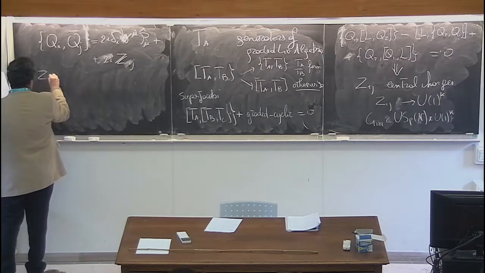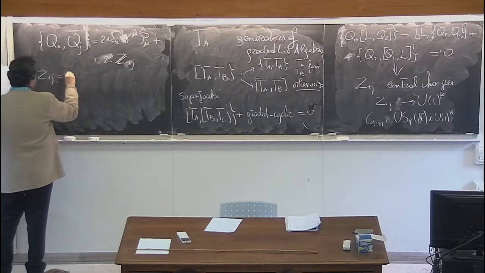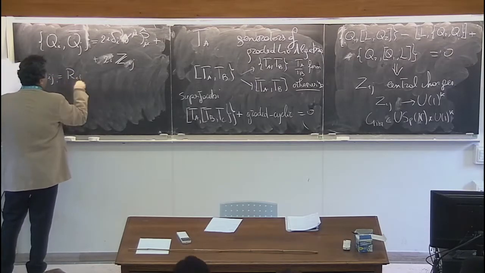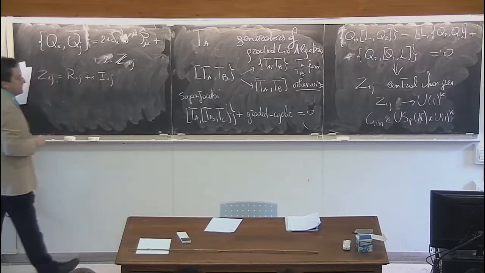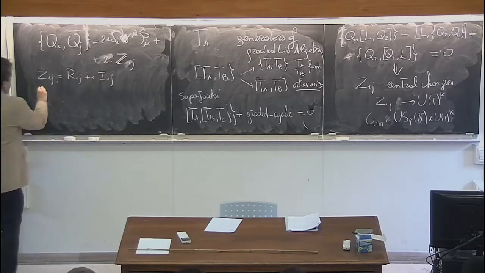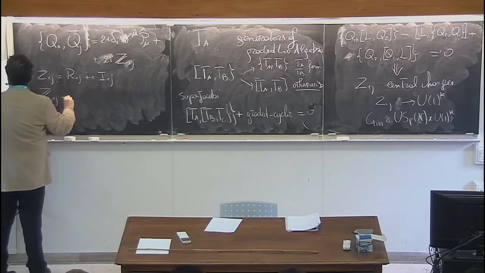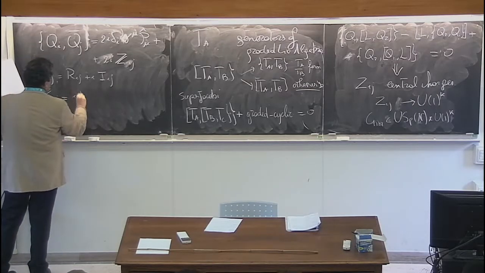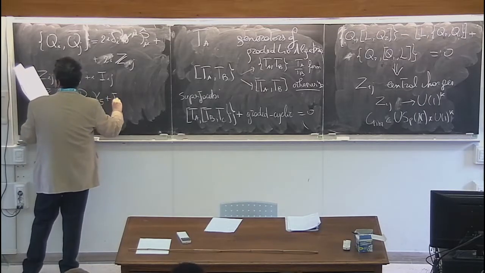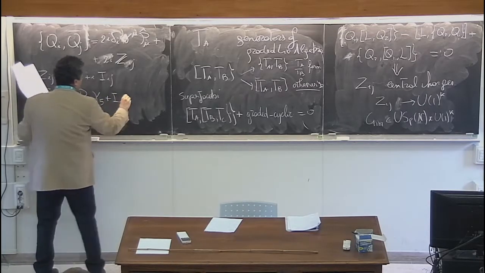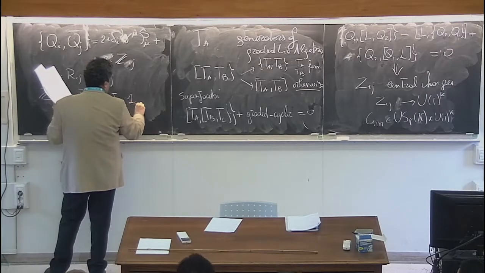If Zij is the complex matrix, which we write in terms of a real part and an imaginary part like this, then it is i times Rij gamma 5, plus Iij times the identity, 4 times 4.